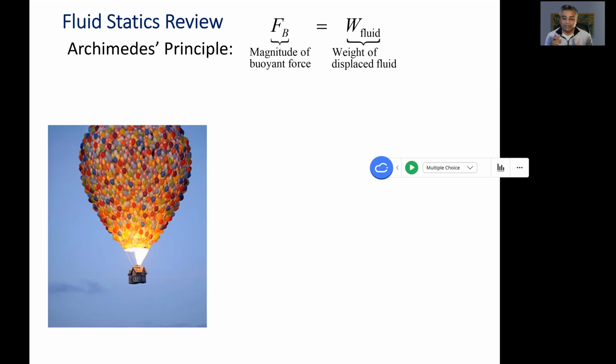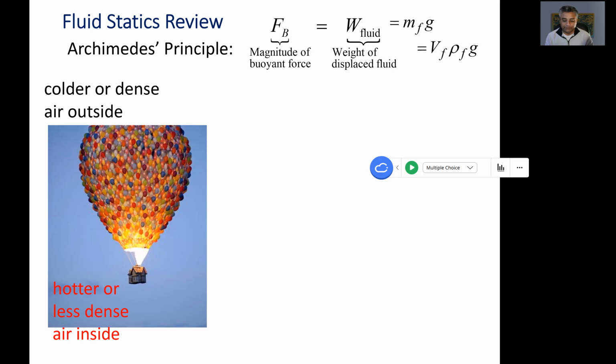The density of air inside now becomes less than the density of air outside. So now that means what happens? Density less means it can float, okay? And if density becomes really small, then it can even shoot up, okay? So that's the reason.